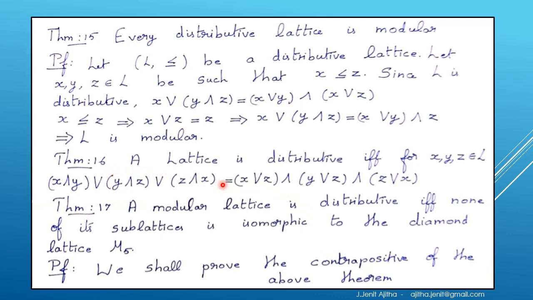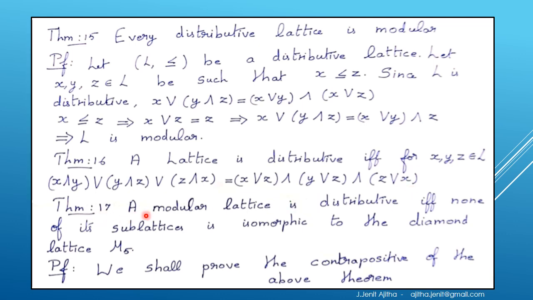And the next theorem gives the necessary and sufficient condition for a distributive lattice. That is, a lattice is distributive if and only if (x meet y) join (y meet z) join (z meet x) is equal to (x join y) meet (y join z) meet (z join x).